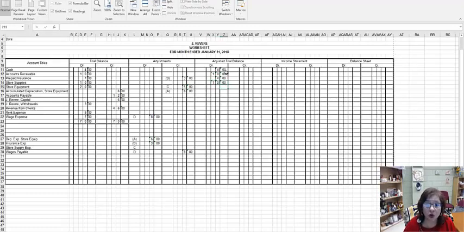Here, store equipment. Remember, this is the one where it says that we had the supplies on hand. So we started with $20. We only have $5 left. So if you subtract 5 from 20, that means that now we have, okay guys, I'm sorry, I had to fix my error.